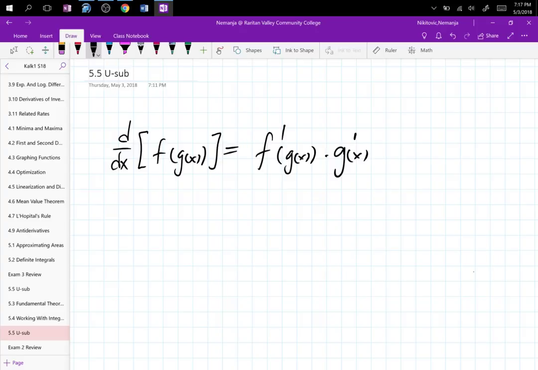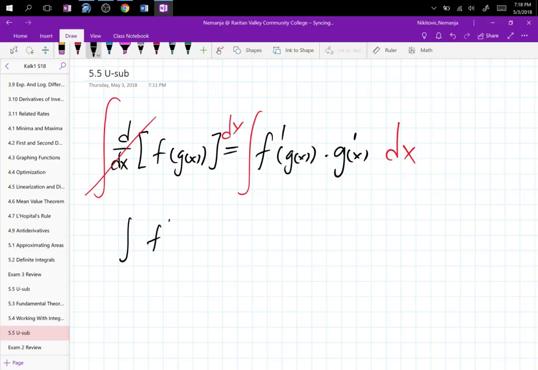then you can reverse this formula by shipping this dx to the other side, creating differential, or you can also integrate both sides like this, where this stuff would cancel each other, and you are creating the formula which states that the integral of f prime g of x dx times g prime of x dx is equal to f of g of x.